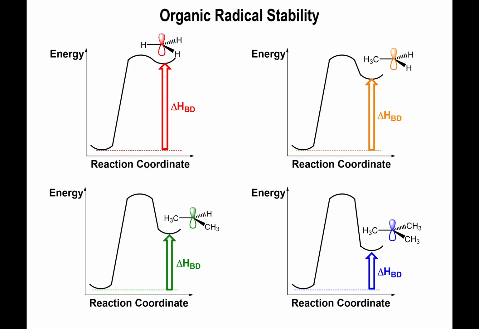Why would that be? Why would increasing the substitution of carbon onto the central carbon atom lead to changes in the bond dissociation enthalpy? Well, this has to do with the transition state, and in this case, the intermediate that you are producing in the course of forming that radical. So what I want you to notice is that all three of these molecules, so we have methyl radical up here in red, then we have the primary radical in orange, the secondary radical in green, and the tertiary radical in blue.